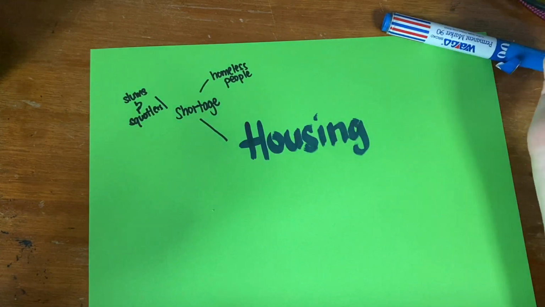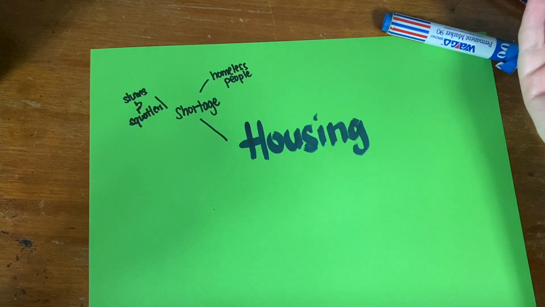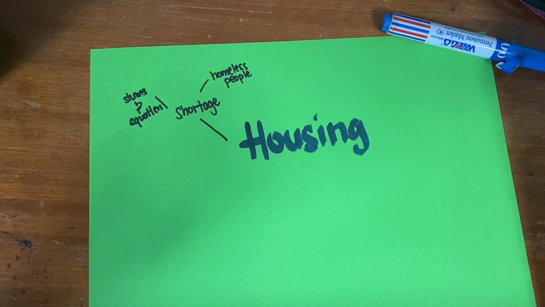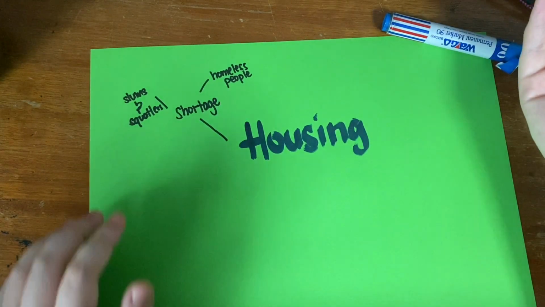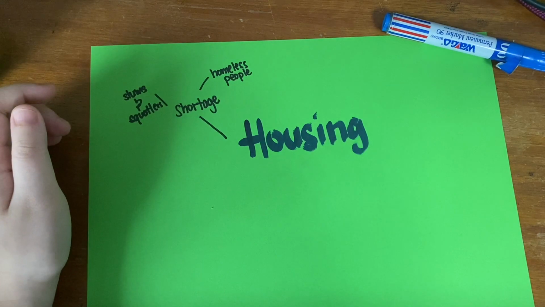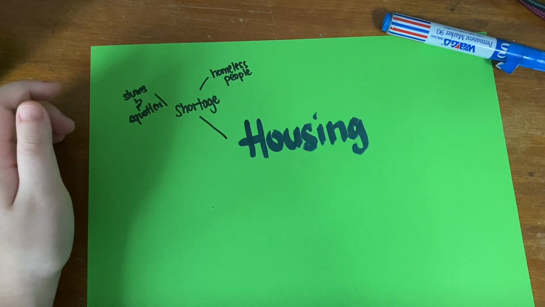Homelessness is when the person doesn't even have a house to sleep. They will just be lying on the streets, sleeping on the roads, maybe some cardboard on the floor, and then they just lie down there. That is homelessness. Whereas slums and squatters are actually illegal housing, meaning they built their houses out of materials they can find on a piece of land that does not belong to them. So you need to know the difference between homelessness and slums and squatters.